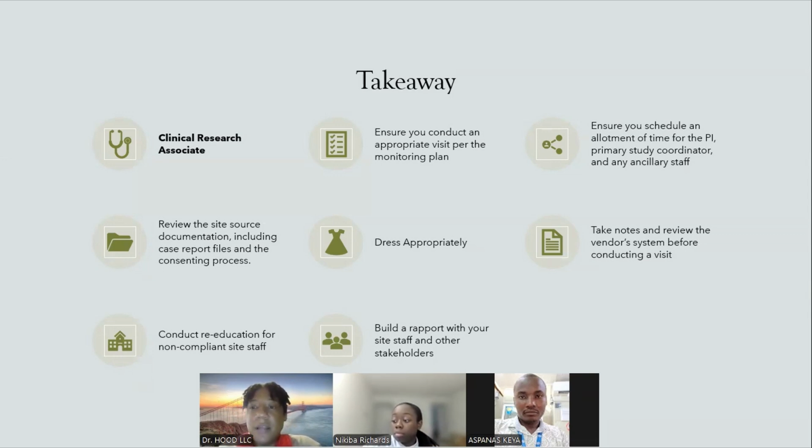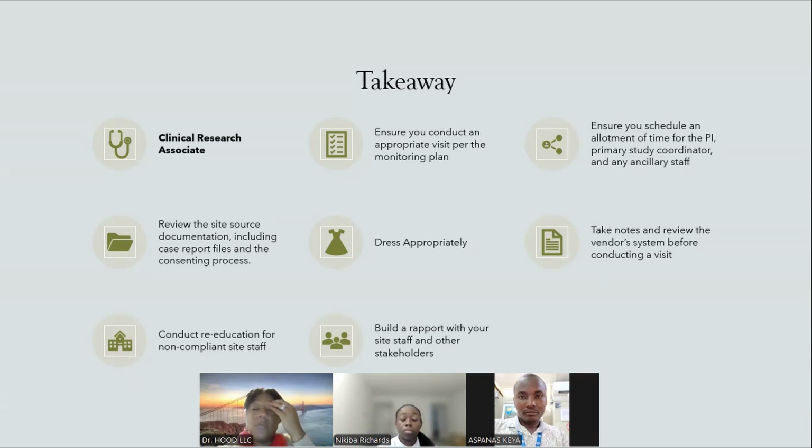Ensure you schedule an allotment of time for the PI, the primary coordinator, and the ancillary staff. So if this is a trial that has an unblinded and blinded component as it relates to the investigational product, and you're an unblinded CRA, you need to make sure you have access to the pharmacist or the person who is over the study drug.